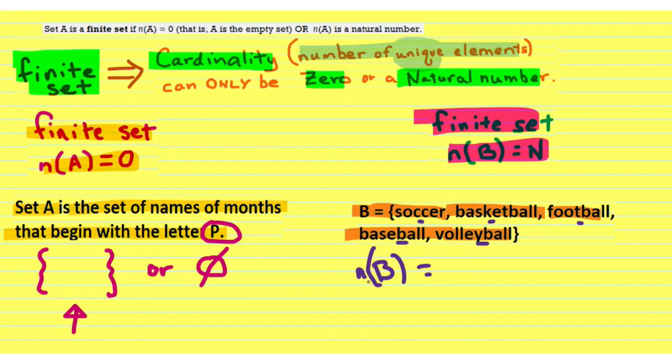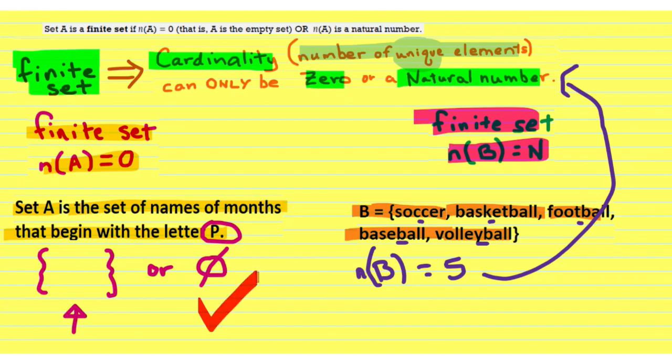So that means the cardinality of set B would be equal to 5. Now, is 5 a natural number? Yes, it is. It's a counting number. Natural numbers are counting numbers. So this is the example of a set with a cardinality of 0 because there are no elements in that set. And this is an example of a set that has a natural number cardinality. It has 5 elements. 0 elements or 5 elements, those are the two options for finite sets.